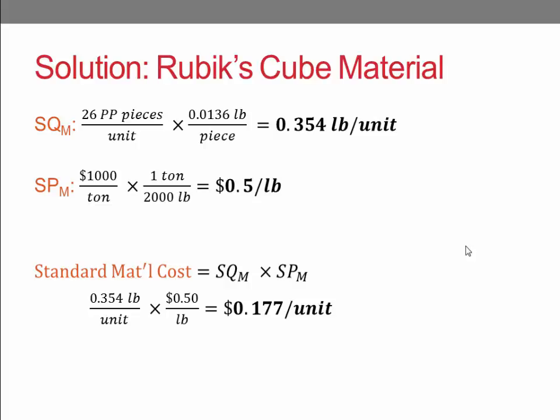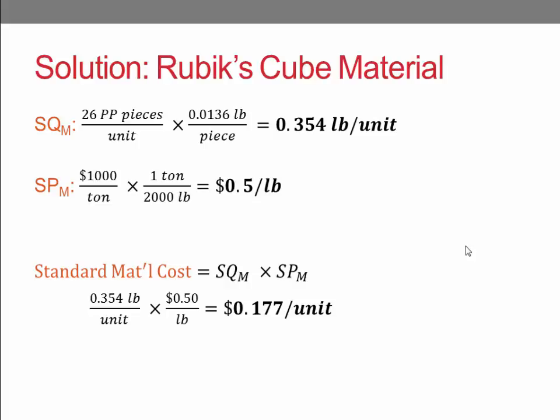The first equation shows the 26 polypropylene pieces. Those weigh 0.0136 pounds per piece, and that gives a 0.35 pound per unit equivalent.